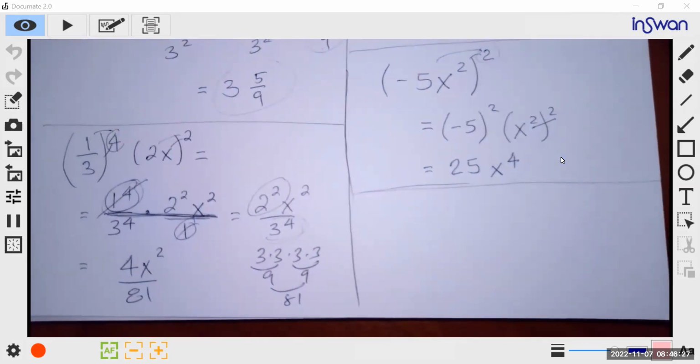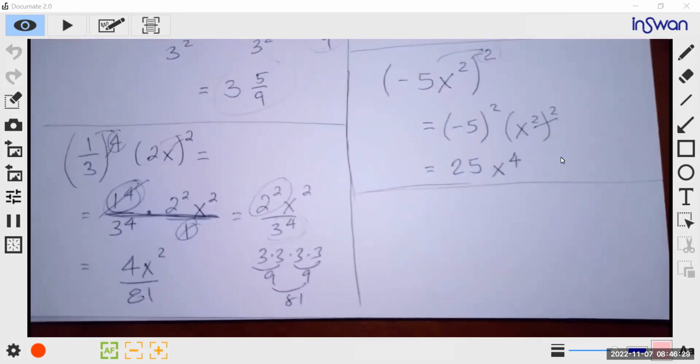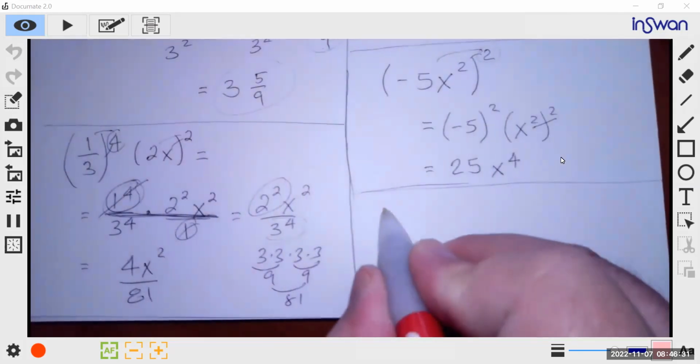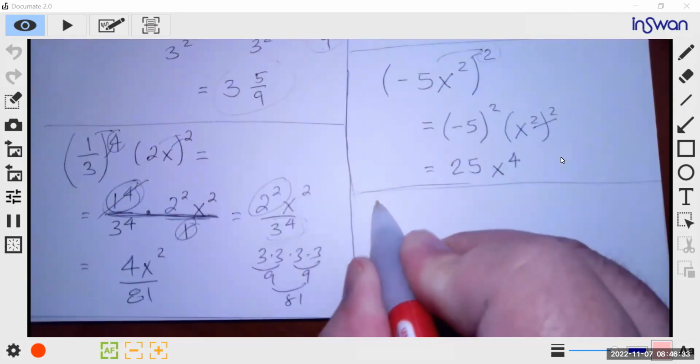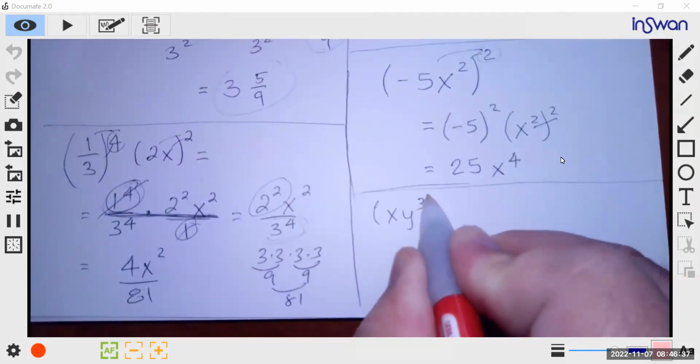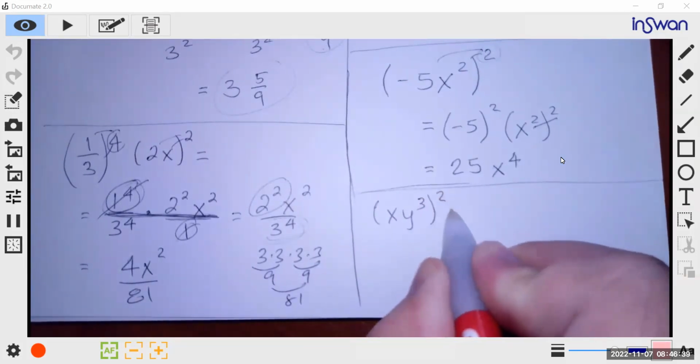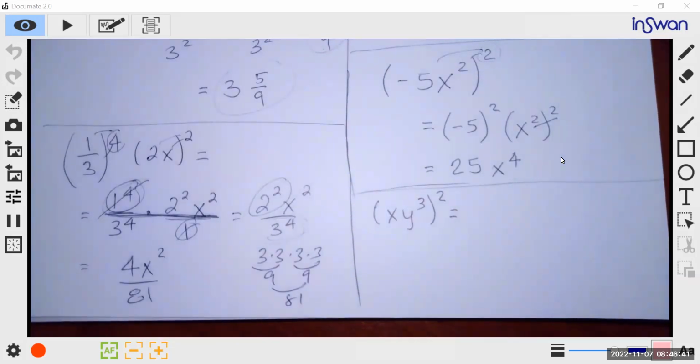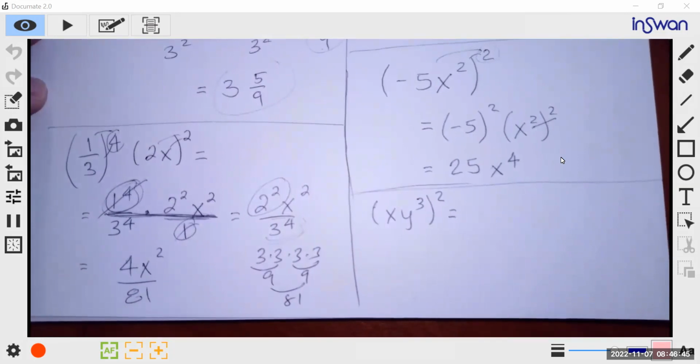Remember, you can't do something in mathematics unless there's a rule that says you can do it. Why? What is this one going to equal?